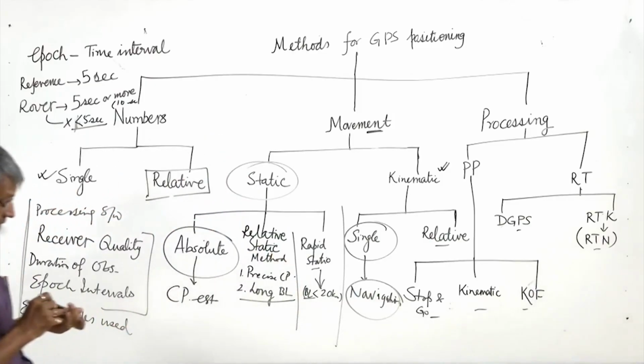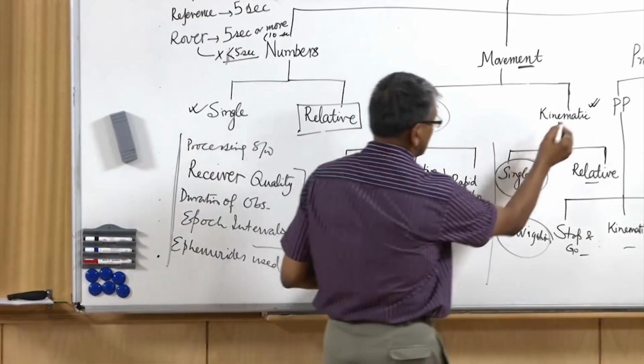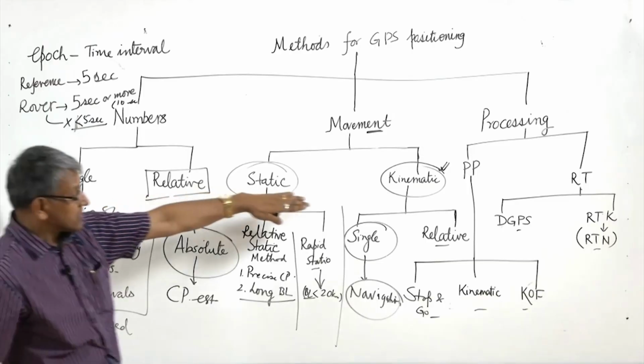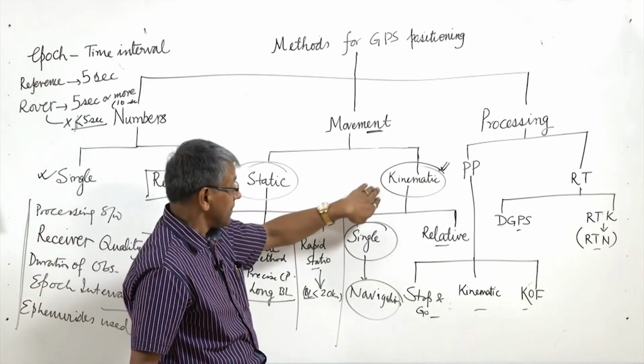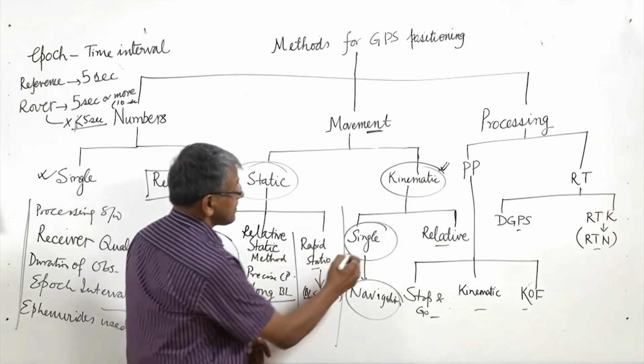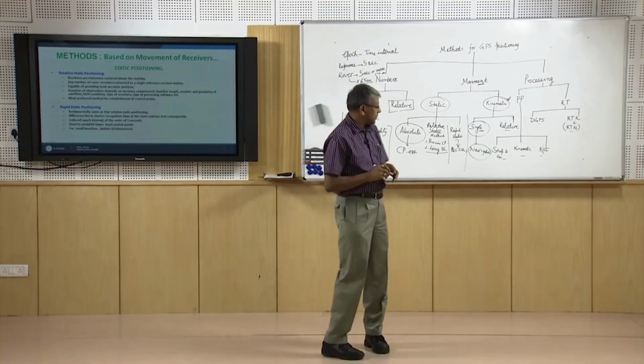Now the kinematic condition. Let us go to the kinematic method of GPS surveying. As I told you, in this case at least one of the receivers will be in a movement condition, and I have already discussed single receiver kinematic positioning.